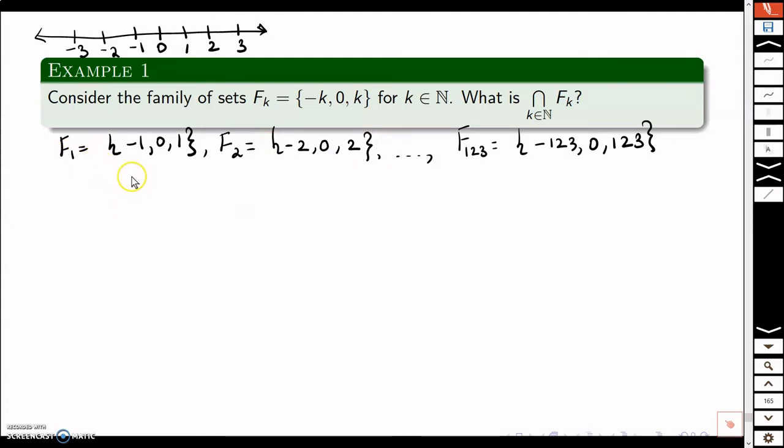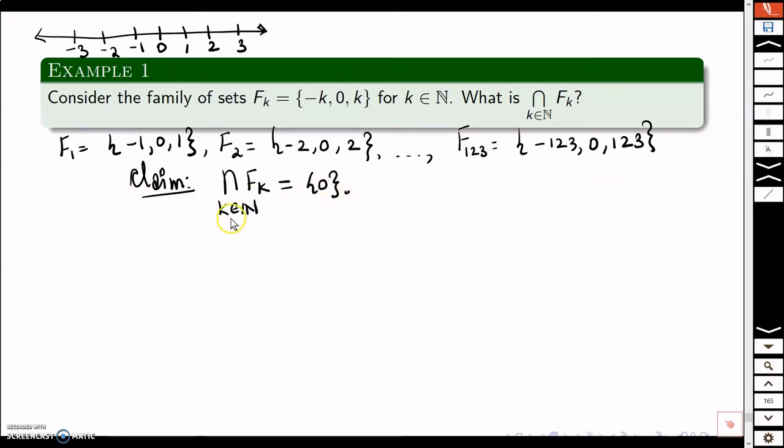So our claim is that the intersection of all the fk's, where k is varying over the set of natural numbers, is the singleton set having the element 0. This is what we have to prove.